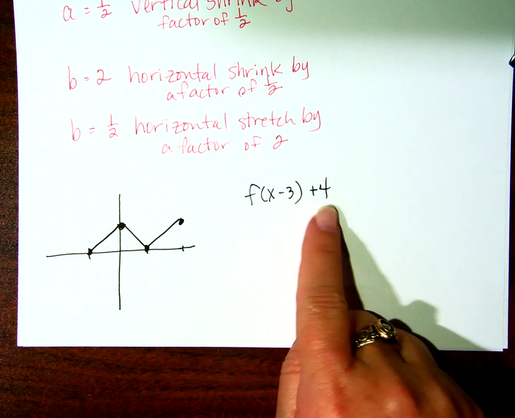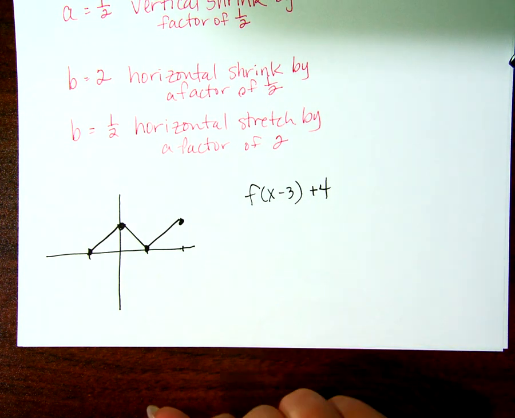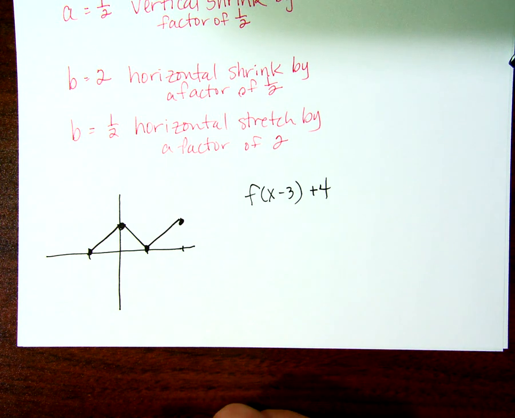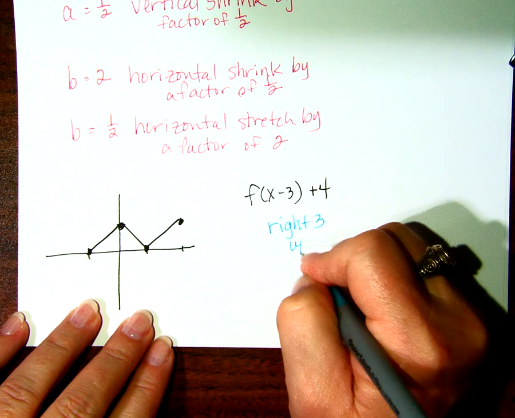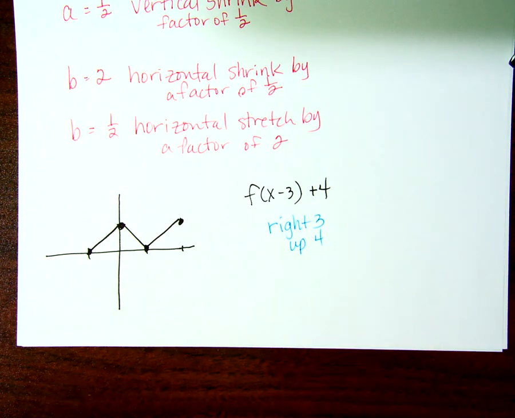What do you think you're supposed to do with this function? So right 3 and up 4. What part of the function do I move right 3 and up 4? Like everything, right? All of it.